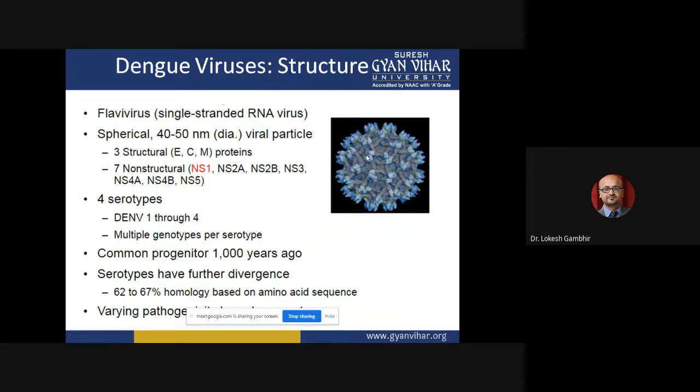So cumulatively, the total number of proteins coded by the dengue viral RNA is 10. Out of the 10, 7 are NSPs, meaning non-structural proteins, and the remaining 3 are structural proteins.